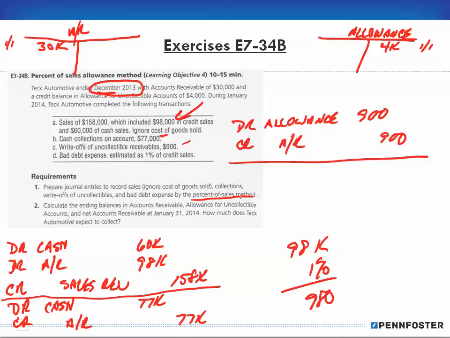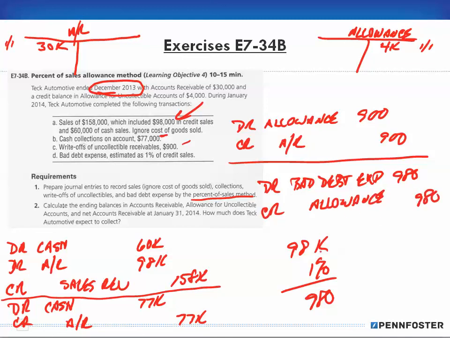So as part of the percent of sales method, we debit our bad debt expense for $980, and we credit our allowance for uncollectible account for $980. I'm not writing out the entire allowance for uncollectible account. You know it's allowance. So I'm crediting the $980 there. Right? So now these are all of our journal entries, and that was the preparation of the journal entries.